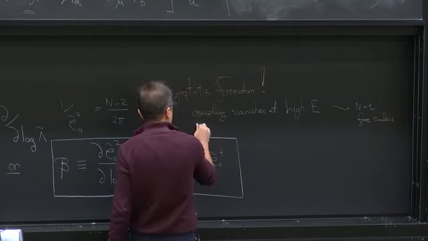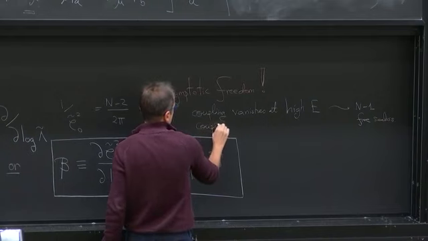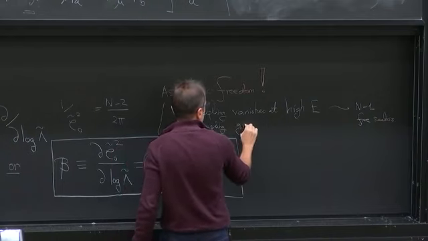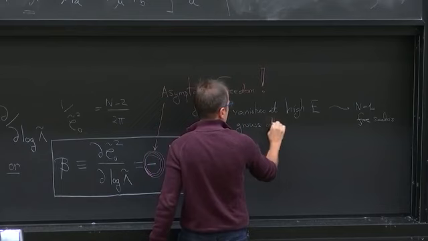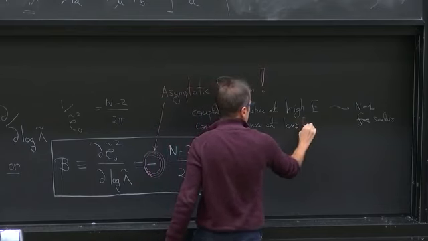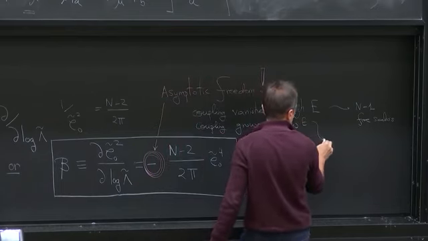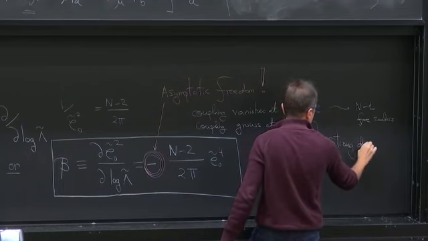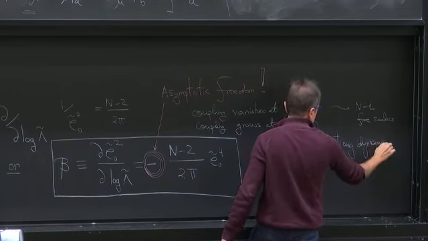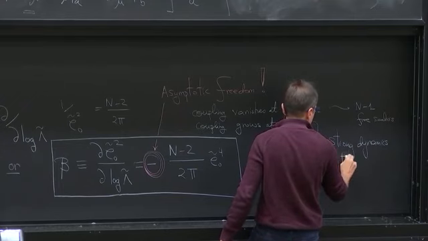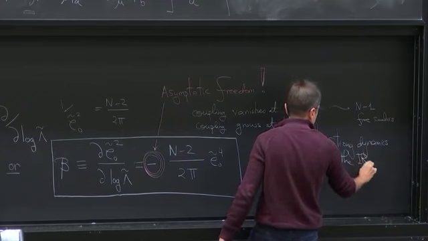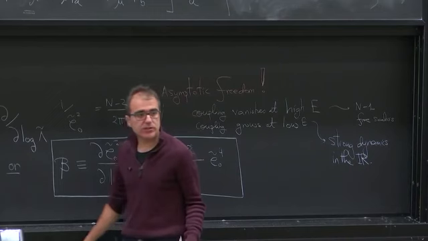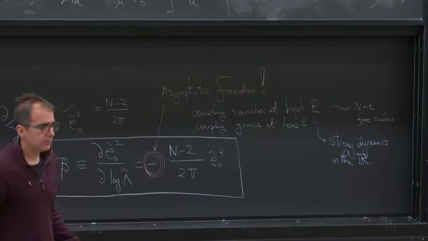But on the other hand, the coupling grows at low energy, and so we have strong dynamics in the infrared. The physics is strongly coupled and is non-trivial in the infrared.